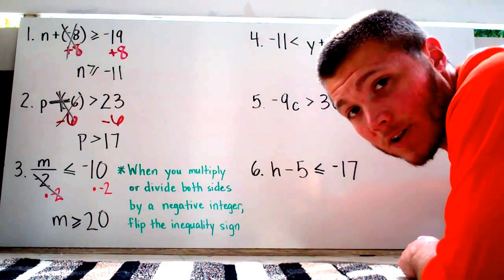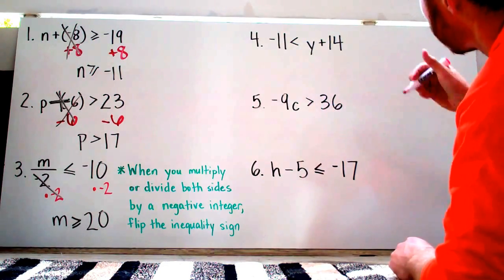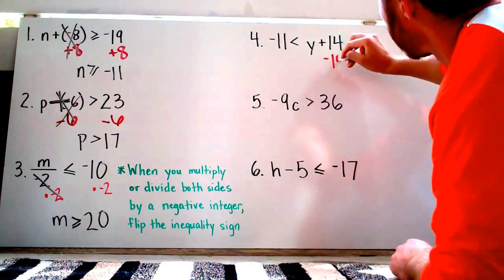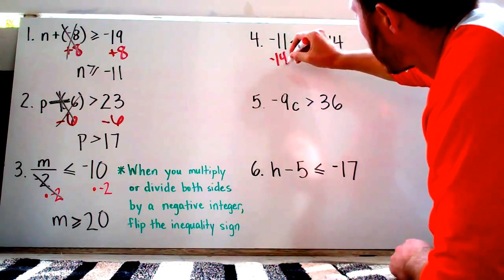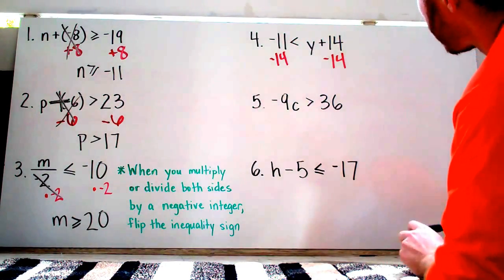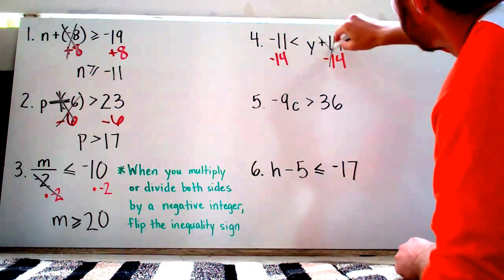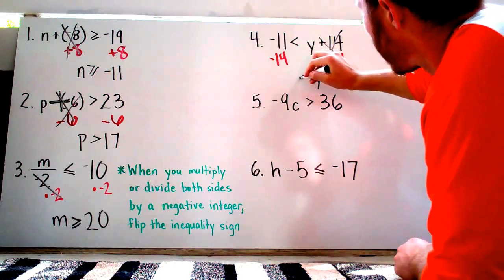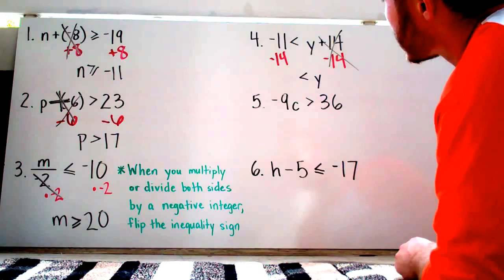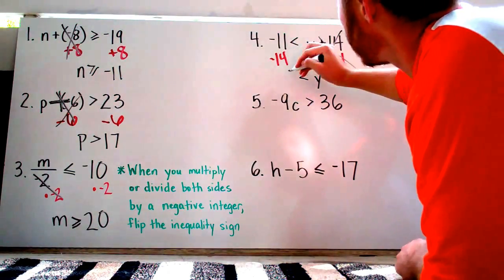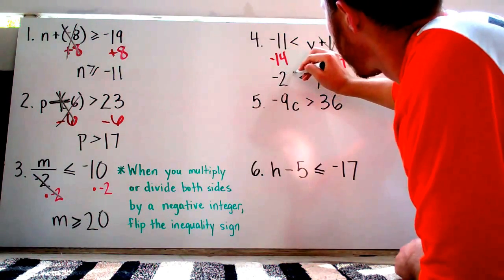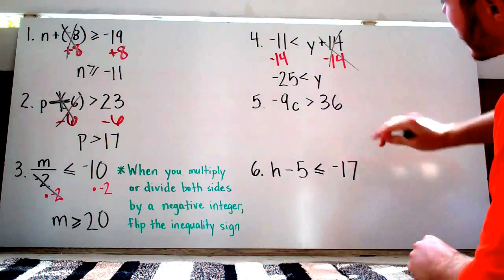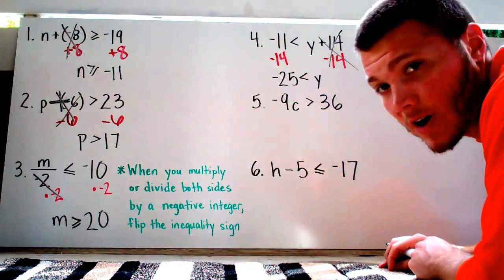I got to cancel it out by doing the opposite, or the inverse, which is minus 14. So I'm going to do that to both sides. Okay, these are going to cancel. So I get y all by itself, and that is greater than negative 11 minus 14, which is negative 25. So y is greater than negative 25.